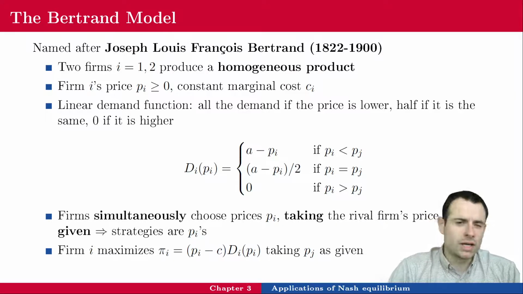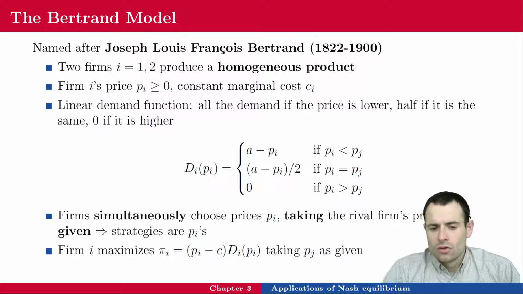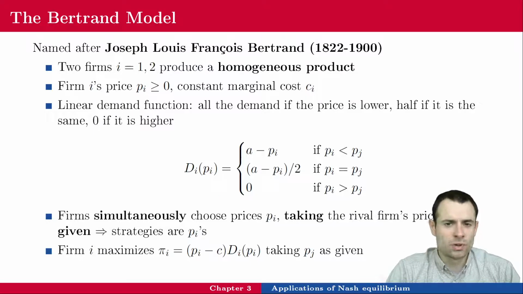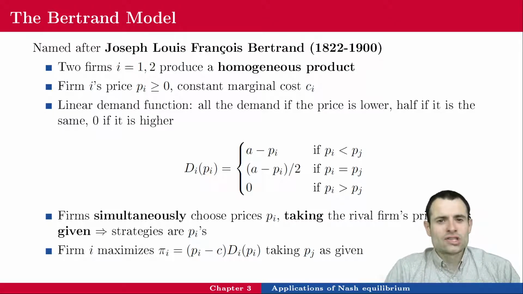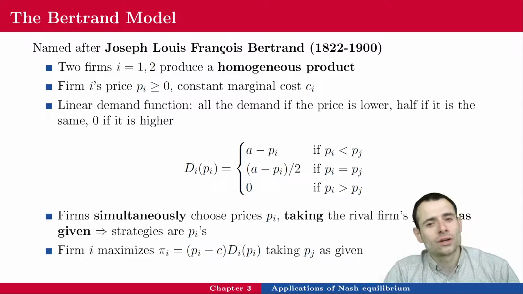Now things are a bit tricky here. I said before that actions are continuous, so in principle we should be able to use calculus. Now, the problem is calculus sometimes does not work.